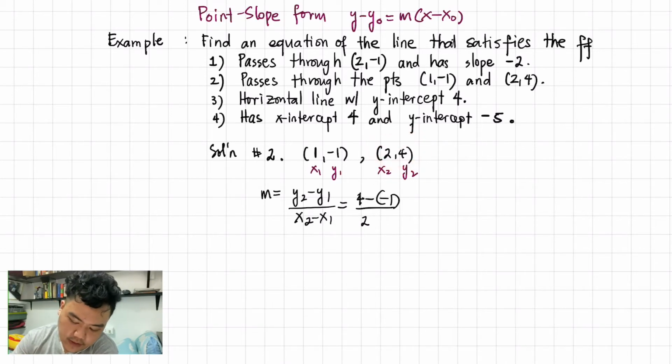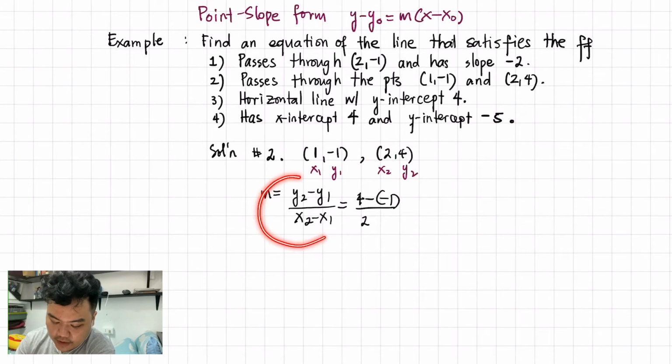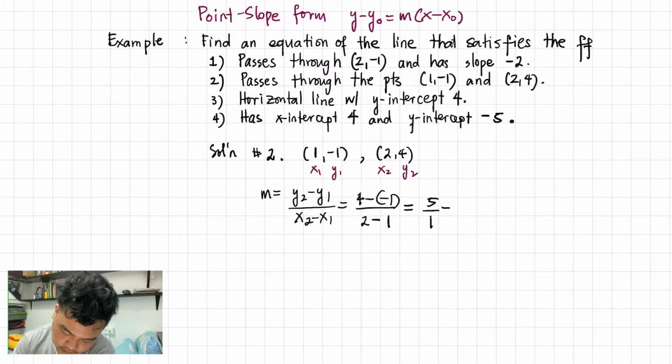So again, we call this one (x1, y1), (x2, y2), and this is the formula for the slope. So y2 minus y1 is 4 minus -1. x2 is 2 minus x1 is 1. Which is 4 minus -1, 5, over 1, which is 5. So the slope of the line is 5.